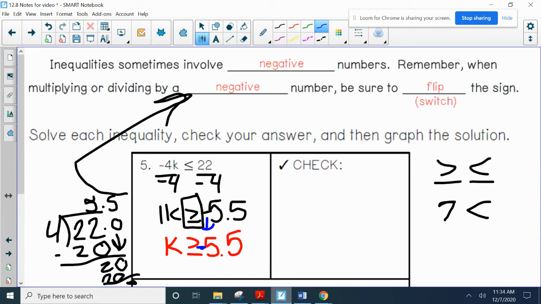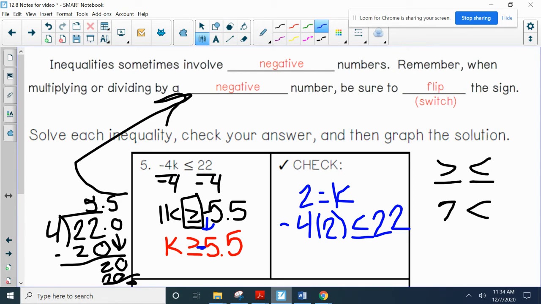Well, we know that positive numbers are all greater than negative numbers. Let's plug in a positive number. So let's say 2. So we have 2 is k. So negative 4 times the 2 we're plugging in for k needs to be less than or equal to 22.